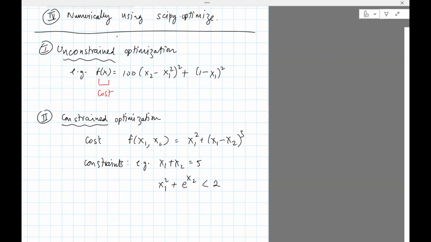Okay, but we'll not get there. We'll basically use software to do this. Okay, so let's look at a constrained optimization problem, and then I'll solve the constrained problem and the unconstrained problem using Python.